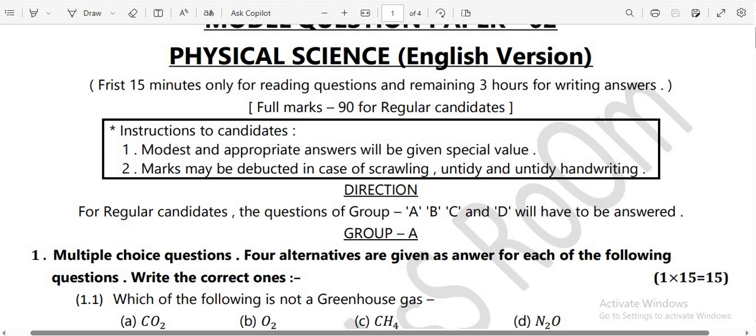2. Marks may be debarred in case of scoring untidy handwriting.